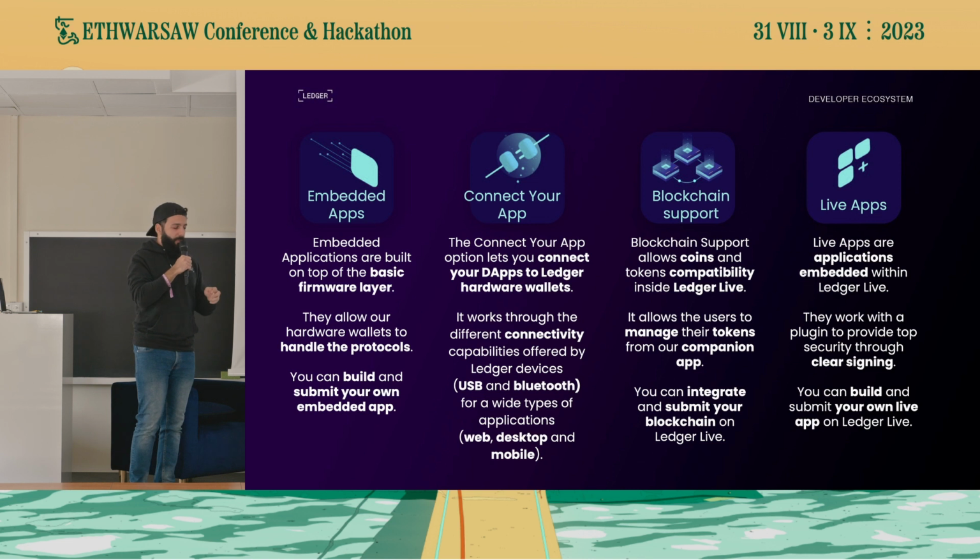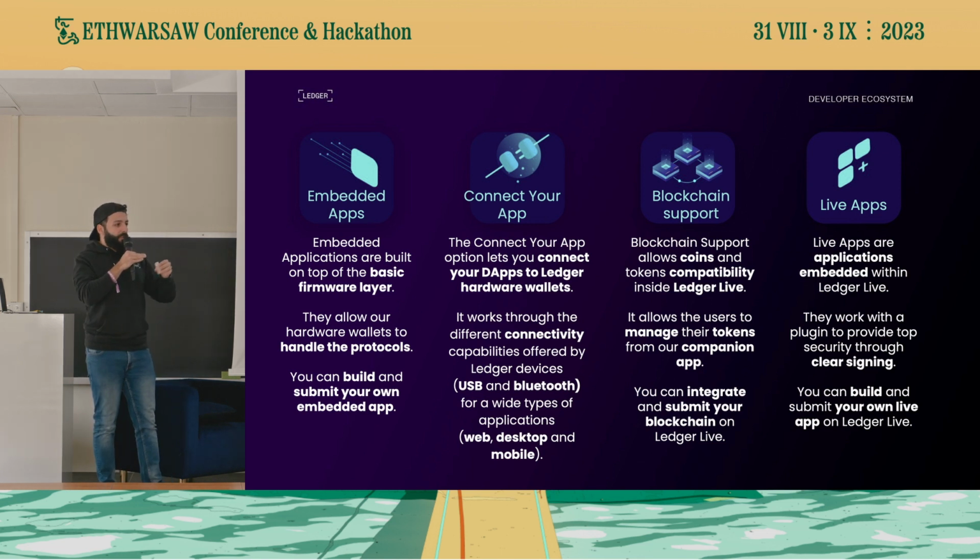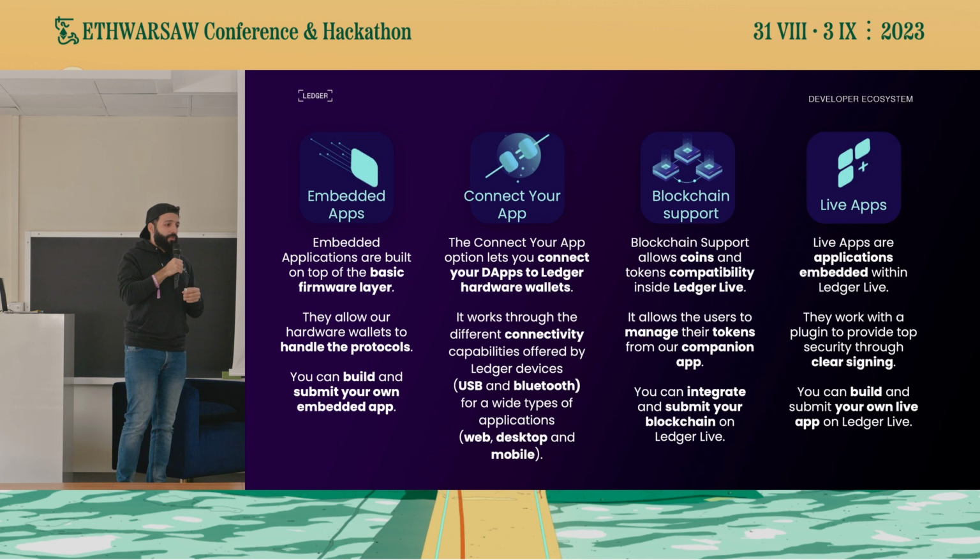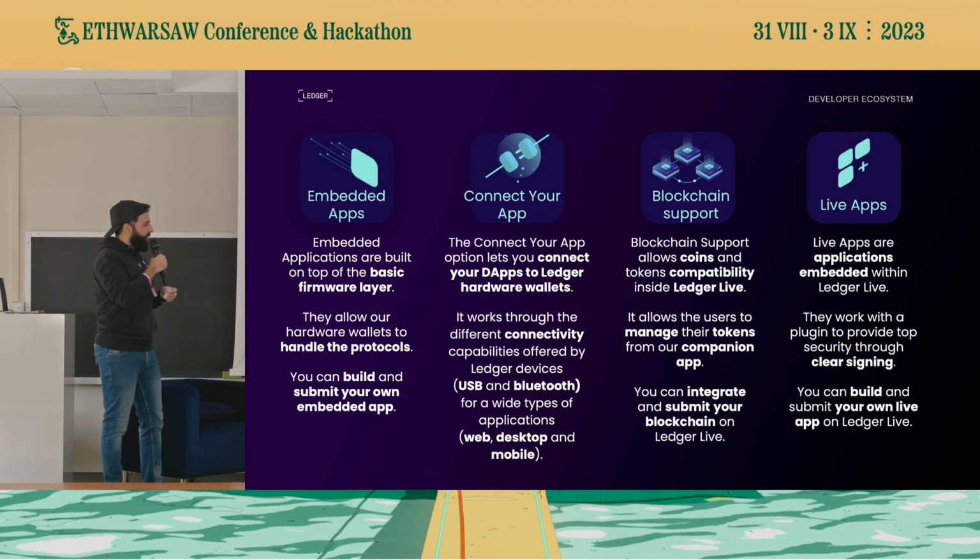It's transport libraries that will allow your DApp or app to recognize a Ledger hardware device. Depending on whether it's a mobile application, desktop, or web app, you will use different kinds of transport libraries. It could be Bluetooth, if you want the connection through Bluetooth, or USB. So there is a wide range of possibilities. And this is really straightforward.